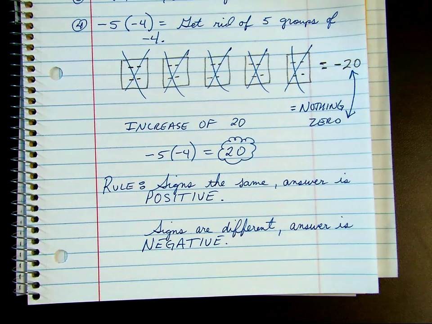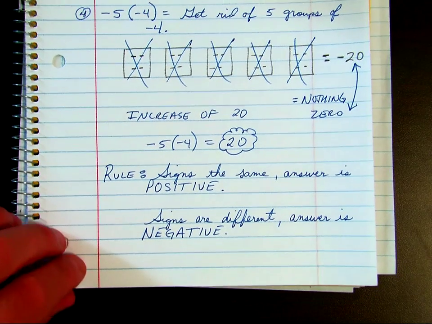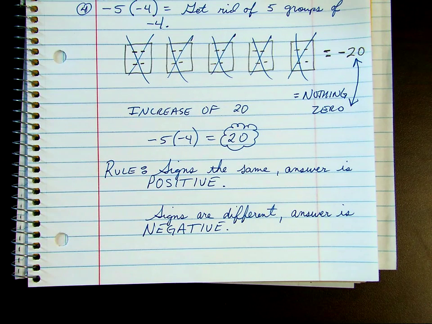Signs are different. Answer is negative. Those are the rules of multiplication and division.